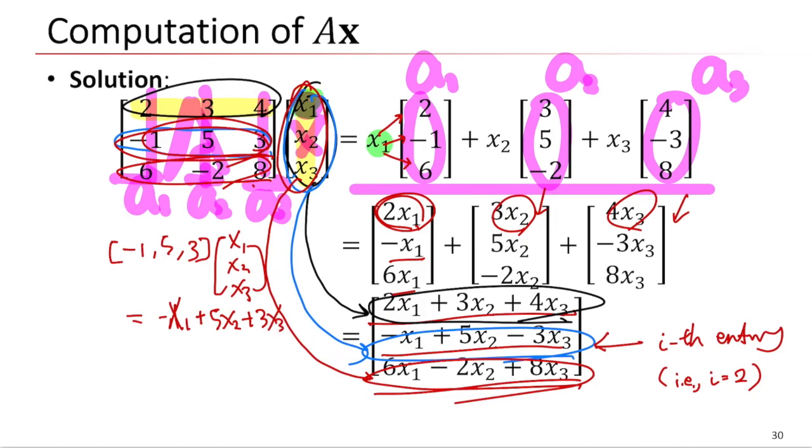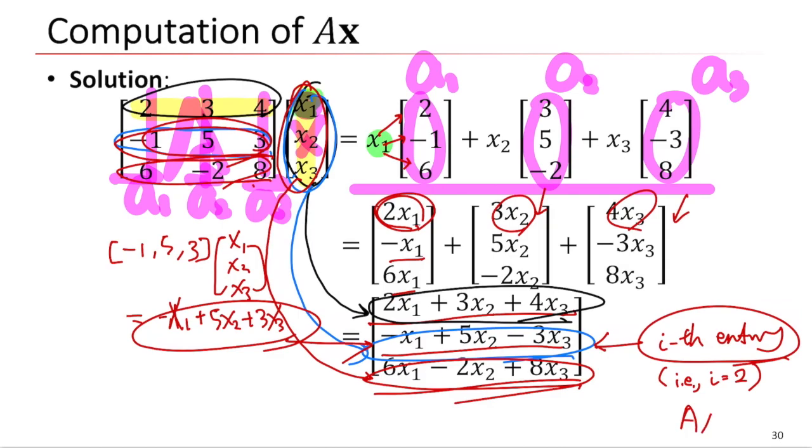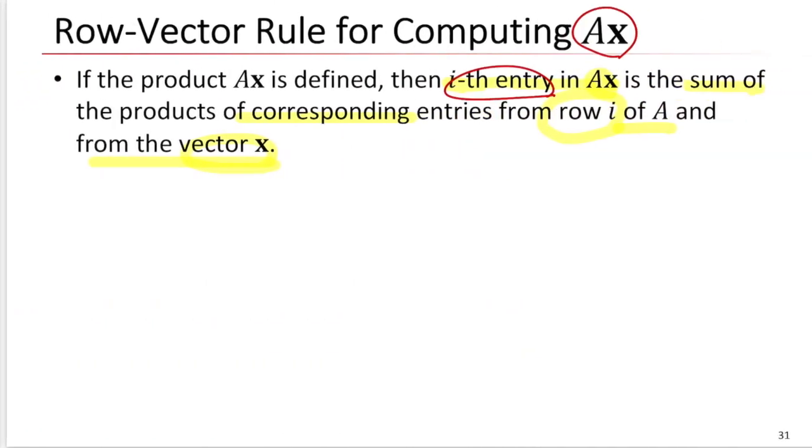So it's going to be this one. So to compute the ith entry in A times X, we need the ith row times the vector X. So here's the general rule.